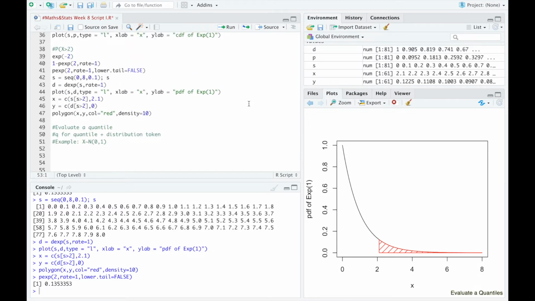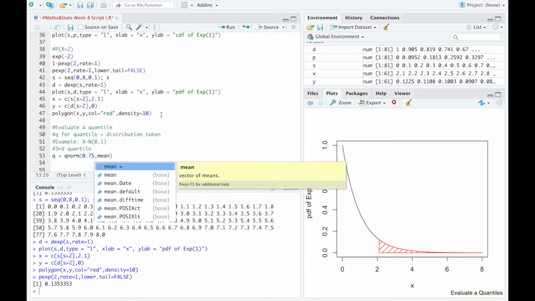And we want to evaluate the third quartile. The command to do so is q equal qnorm 0.75, because the third quartile corresponds to the quantile 0.75.